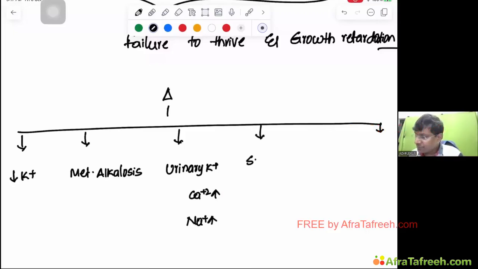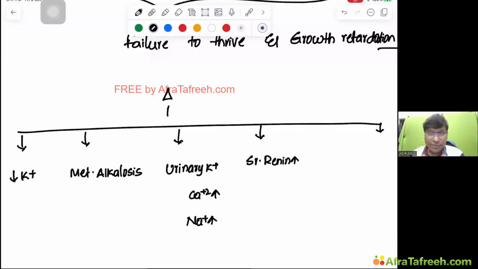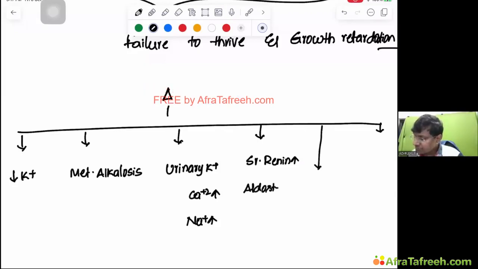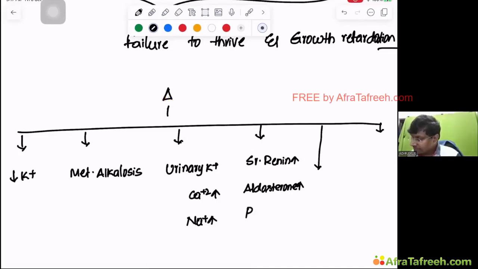And what will happen to the serum renin levels? Elevated. And what will happen to the aldosterone levels? The aldosterone levels are also elevated because renin levels are increased. Then followed by that, the prostaglandin E. What did we discuss? Their levels are also elevated.